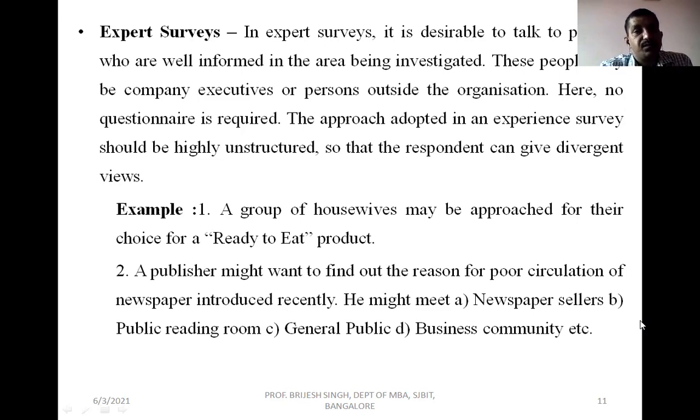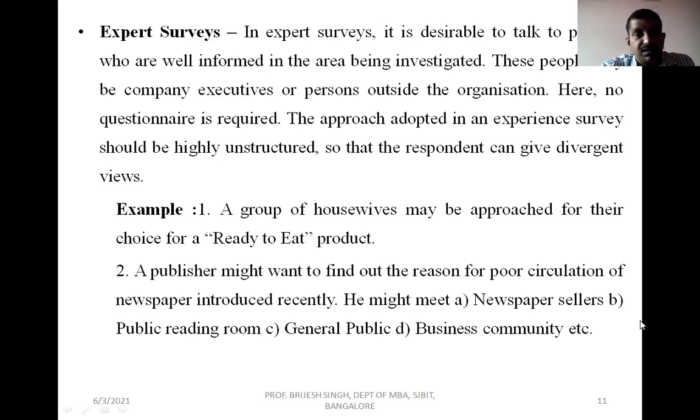Okay, and these people will be company executives, or sometimes people who have worked in the organization and have retired. You can always consult such people. One thing here is that in expert surveys, we don't have any structured questionnaire at all.